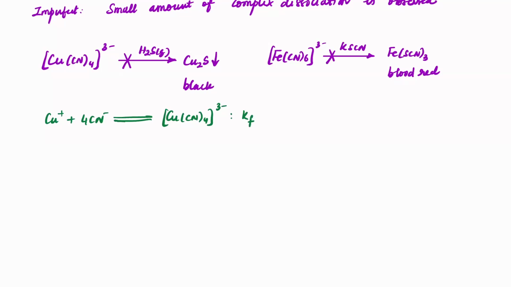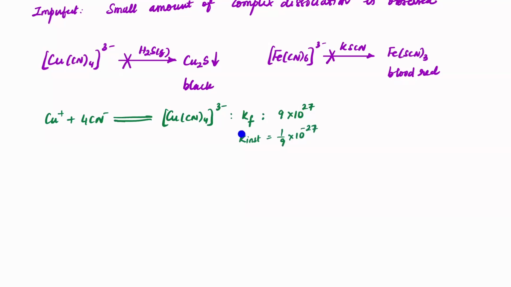And the formation constant in the case of copper is approximately 9 into 10 raised to the power of 27. Got it? 9 into 10 raised to the power of 27. So can you see that the reaction is almost entirely in the forward direction. The instability constant value here is about 1 by 9 into 10 raised to the power of minus 27. Got it?